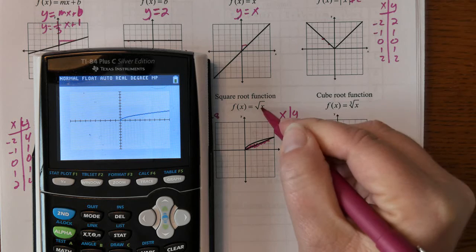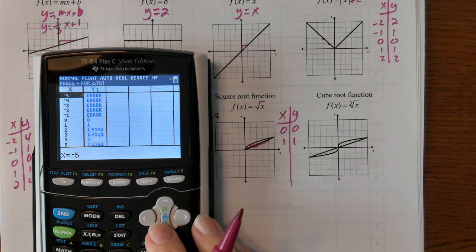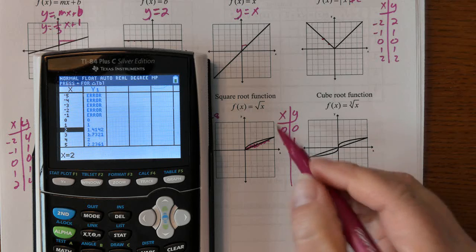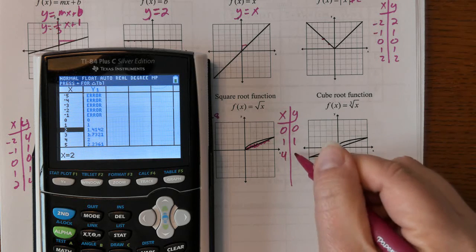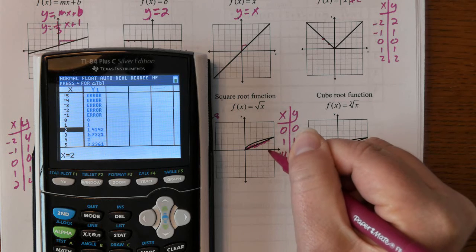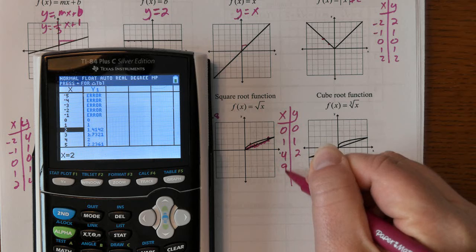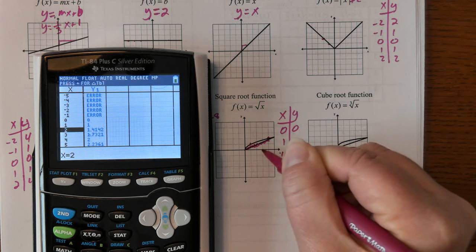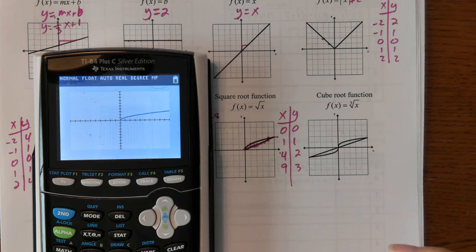If you put in a 1 for x, the square root of 1 is 1. If you put in a 2 for x, square root of 2 is 1.4 something. That was kind of an unpleasant number. I'm going to skip that. I'm just going to go to 4. Square root of 4 would be 2. So if I go over to x is 4, y is 2. If I went over to 9, square root of 9 is 3. So if I went way out to 9, it would finally be up here at 3. That's my curved shape that I'm seeing there.